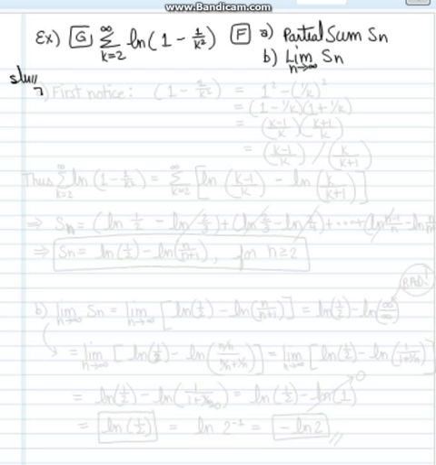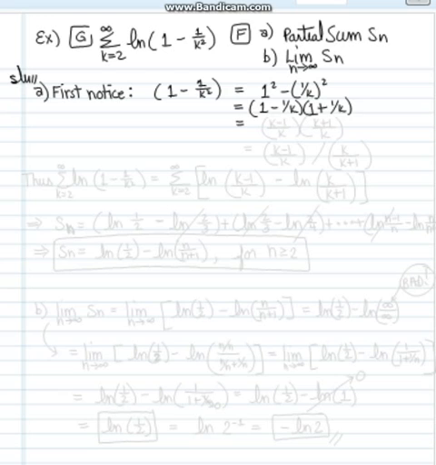Solution part A. First, notice that we can make a modification to 1 minus 1 over k squared. That can be rewritten as 1 squared minus (1 over k) squared, which can be factored as (1 minus 1 over k) times (1 plus 1 over k).